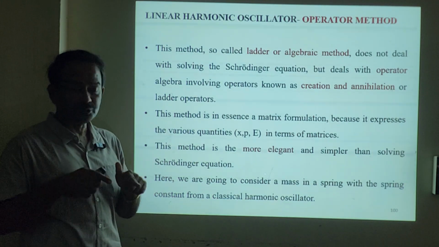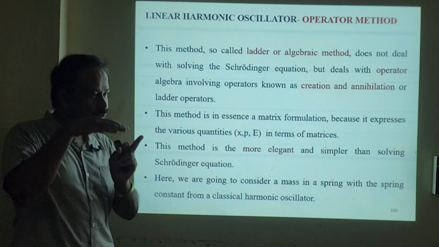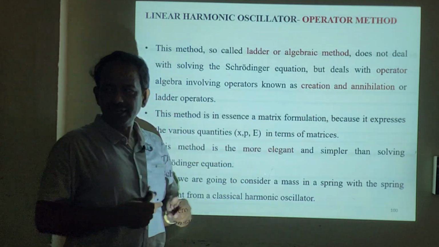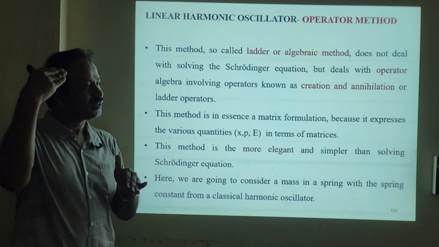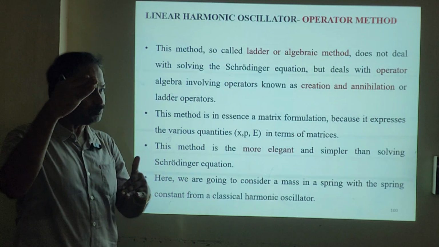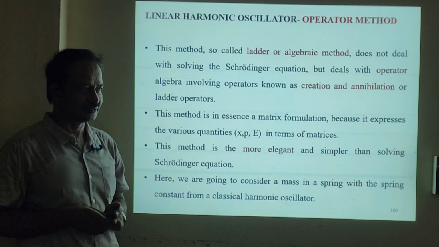Here also we are going to use a creation operator, which lifts us from one state to another state evenly, and an annihilation operator, which makes us come from up to down. So we can go from down to up, as well as from up to down, using the creation and annihilation operators.